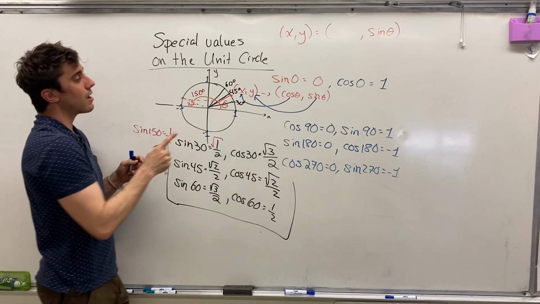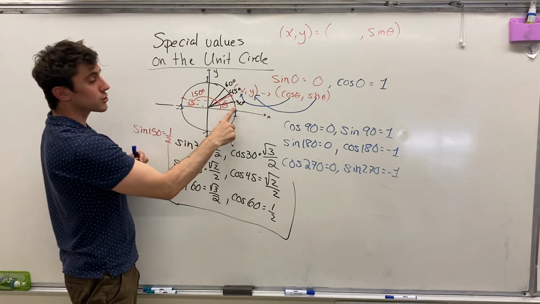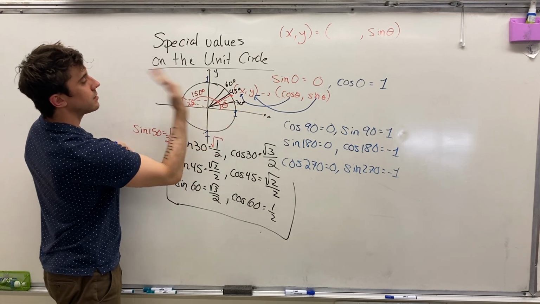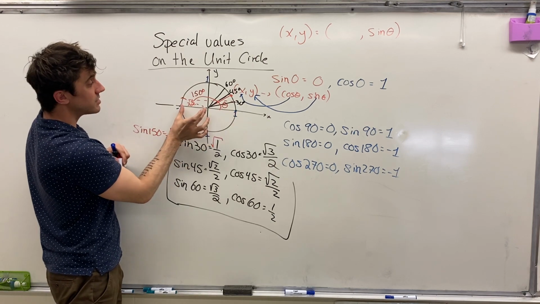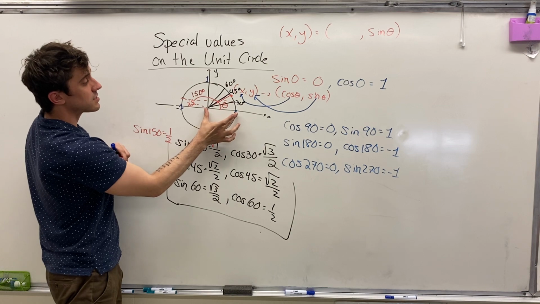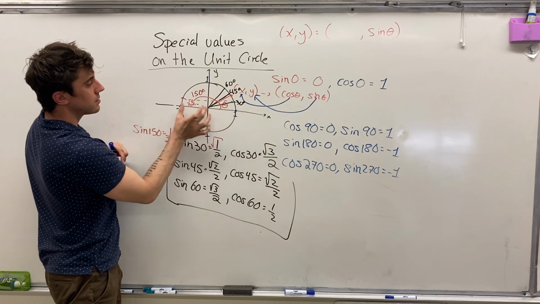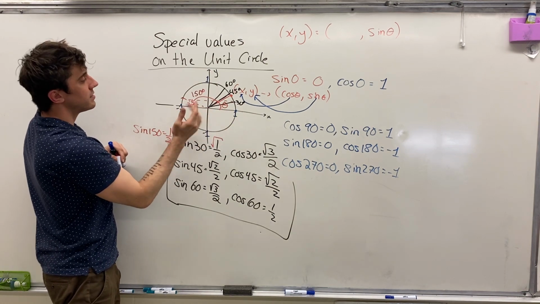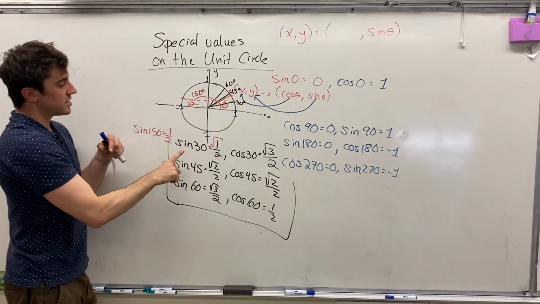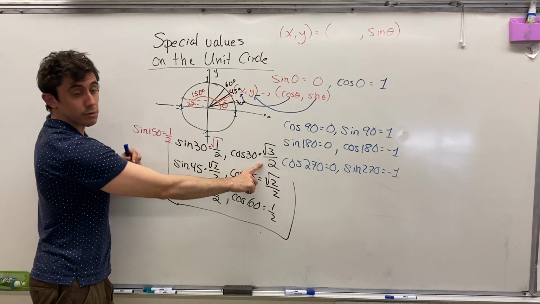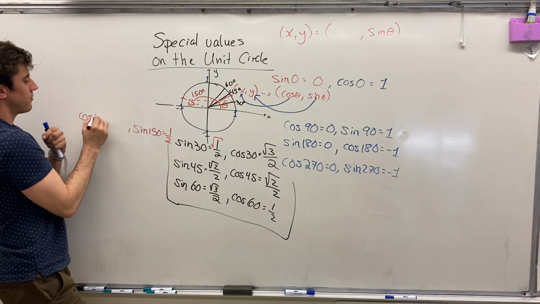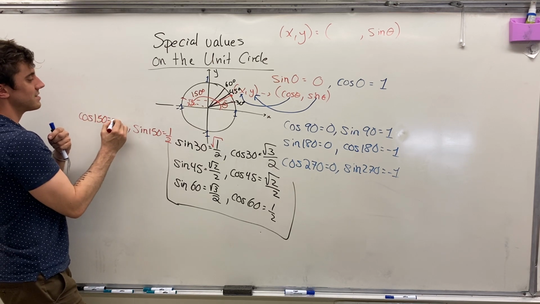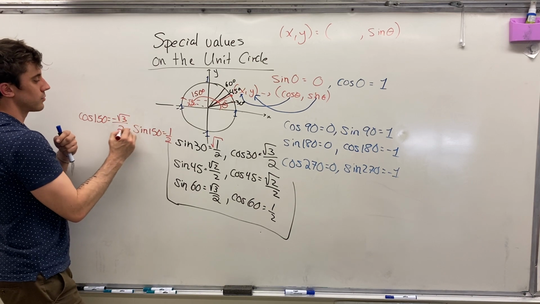The only difference is now the cos theta, the x coordinate, is simply in the negative region of the x-axis. But it's the same magnitude, it's the same distance from the y-axis, right? But now it's in the negative region, and so since we had that cos of 30 was √3/2, we simply get that cosine of 150 is negative √3/2.